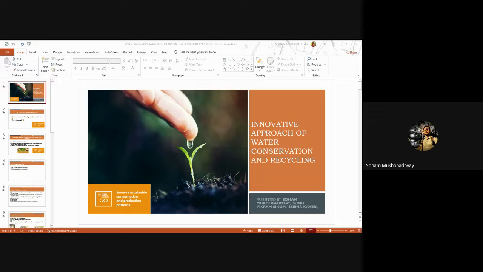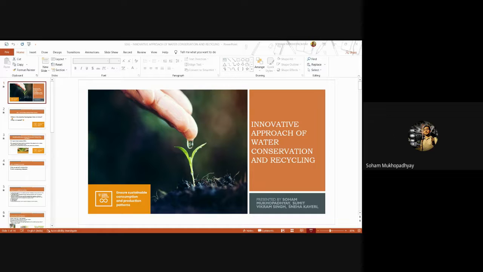The Sustainable Development Goals are also known as the Global Goals. These were adopted by the United Nations, the UN, in 2015, as a universal call to action to end poverty, protect the planet and ensure that by 2030 all people enjoy peace and prosperity.